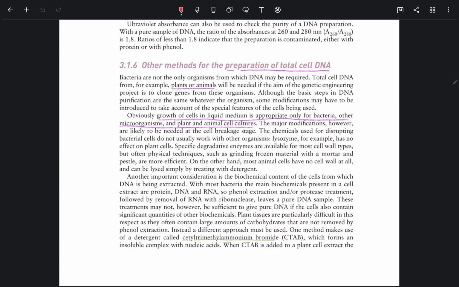Although the basic steps in DNA purification are the same, whatever the organism, some modifications may have to be introduced to take account of the special features of the cell being used. Obviously, growth of cells in liquid medium is appropriate only for bacteria, other microorganisms, and plant and animal cell culture.